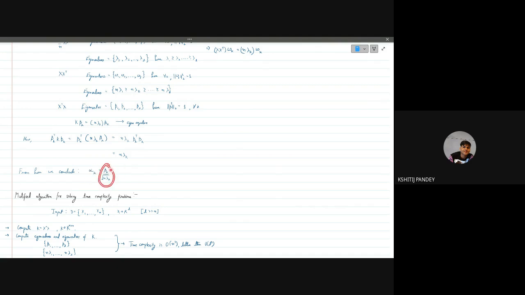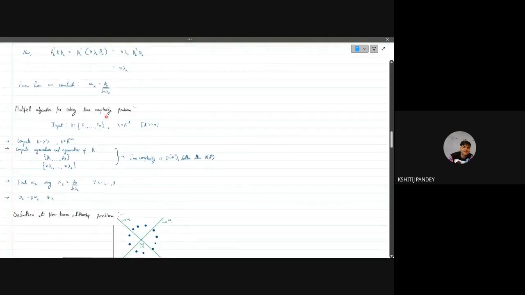These betas are eigenvectors of K. From the beta, you find the value of alpha. And alpha is actually the weight vector. Correct?